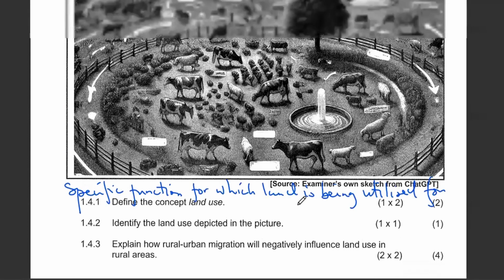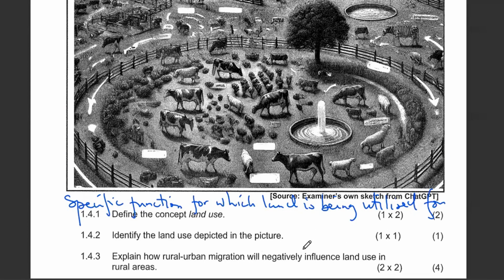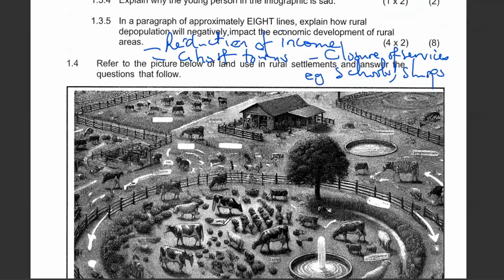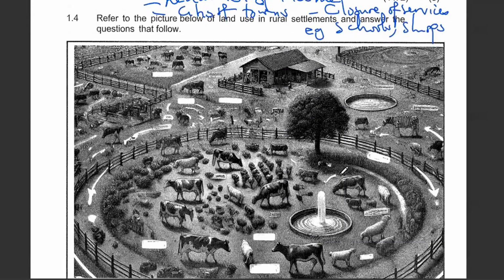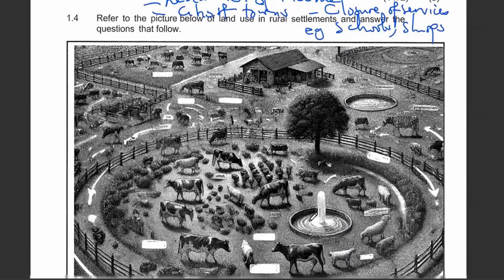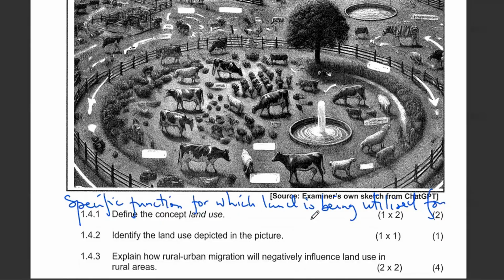Identify the land use depicted in the picture. What kind of land use is being depicted here? We are seeing that it is animal farming predominantly, because you can see the number of animals around here. So predominantly this is a farming area, and we can say the main land use there is animal husbandry, the rearing of animals.